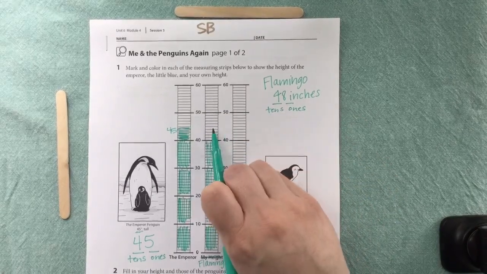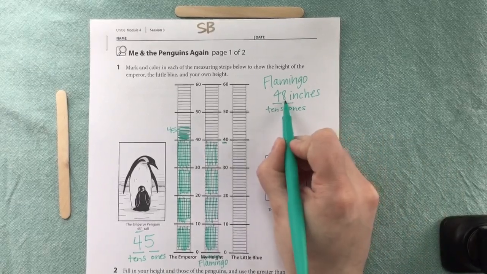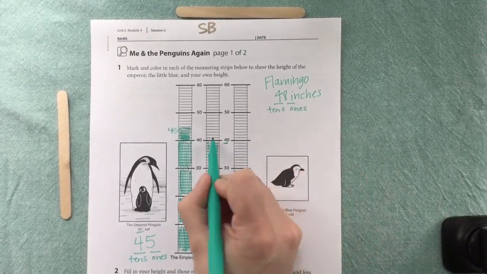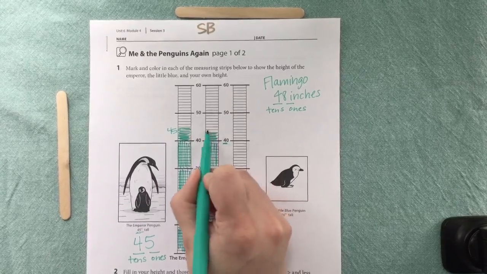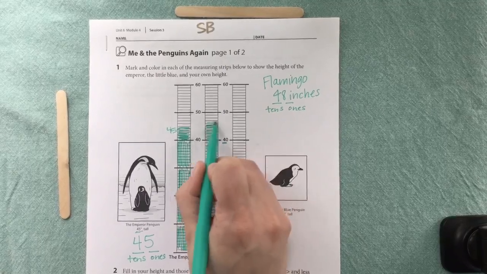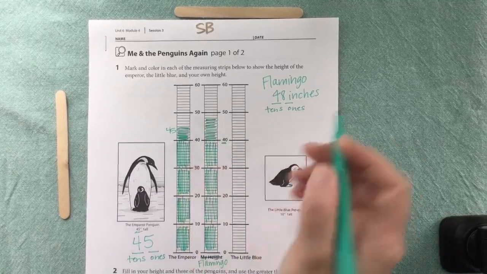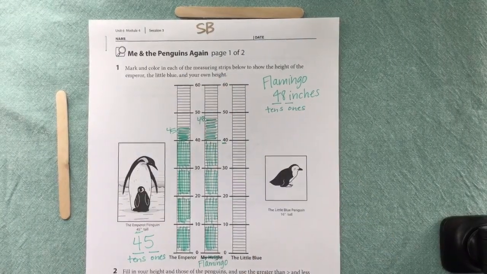I can't go up to 50 because I only have 4 10s. So now I have to count individual ones. So 41, 42, 43, 44, 45, 46, 47, 48. That's the height of our flamingo.